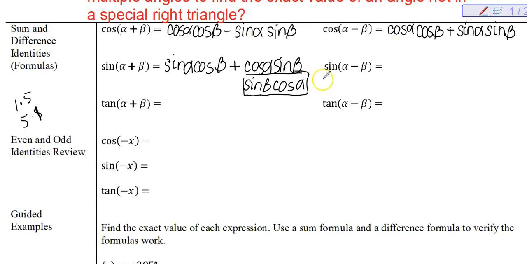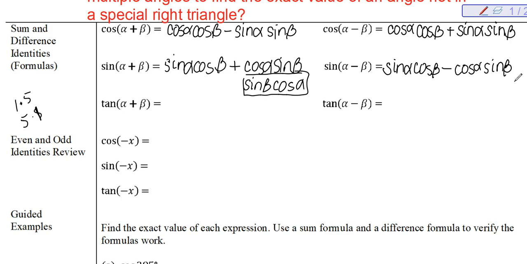Okay. All right, let's go to sine of angle alpha minus angle beta. What do you think the formula is? Plus? It's plus when we're adding. Minus. You got it. And again, remember that the alternative could be cosine beta, sine alpha, minus sine beta, cosine alpha.